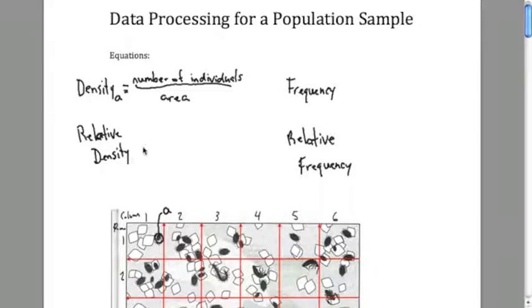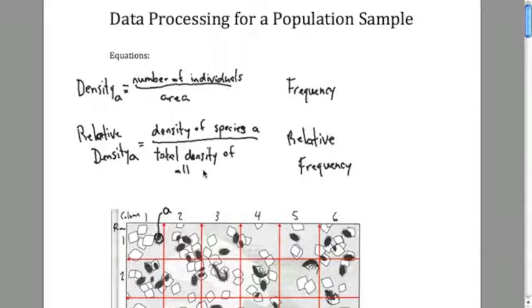The relative density of species A is equal to the density of species A divided by the total density of all species times 100.